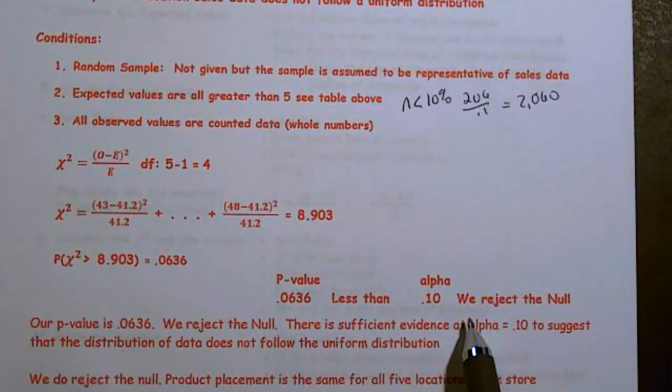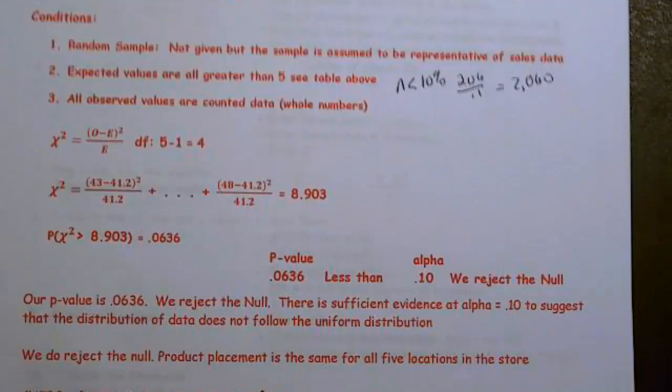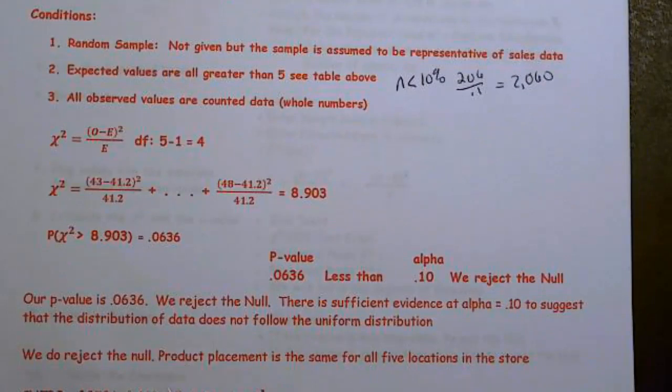That's less than 0.10, we reject the null. So our p-value is 0.0636, we reject the null. There's sufficient evidence at alpha equal 0.10 to suggest that the distribution of data does not follow the uniform distribution. In this case, we reject the null.